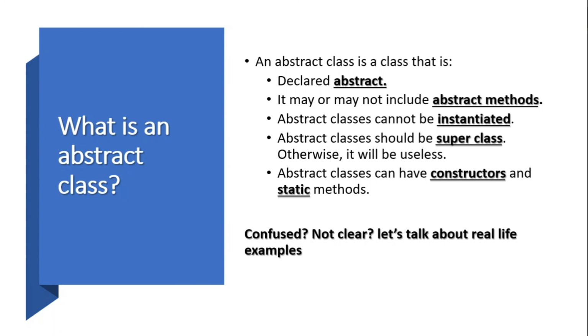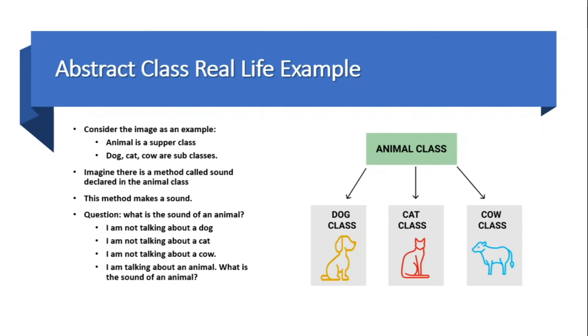Now let's move on to an example, and let's see why we need abstract classes. In this example, what do I have here? I have a class called animal, and I have other classes called dog, cat, and cow. Obviously, you can tell that we are going to have three subclasses that are going to inherit from the animal class.